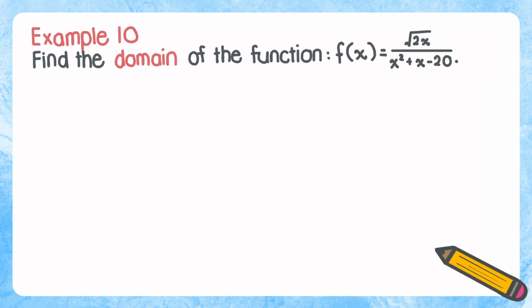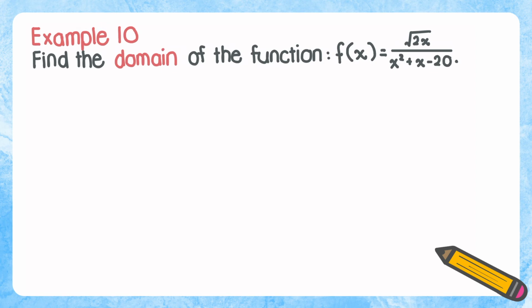For this example, let's find the domain of the function f of x equals the square root of 2x over x squared plus x minus 20. I know this might look confusing at first, but let's break it down together. Notice we have both a fraction and a square root, so we have two considerations to make.